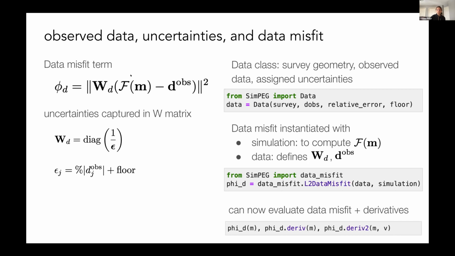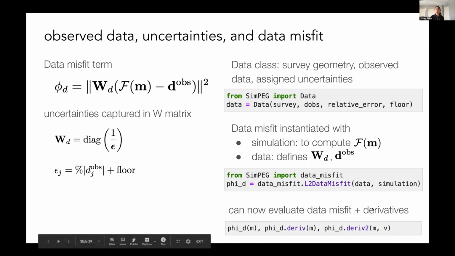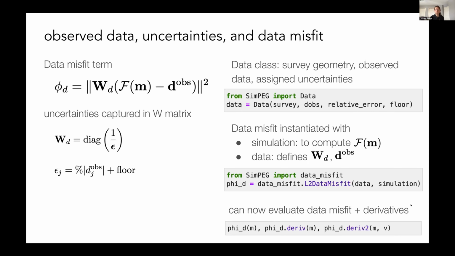Once we've constructed that, we have everything that we need to compute phi d given a model. We also can compute its derivative. And if we're using second order methods, we need the Hessian as well, and that's what this deriv 2 is. So those are all the components that we need to evaluate phi d and its derivatives given a model.